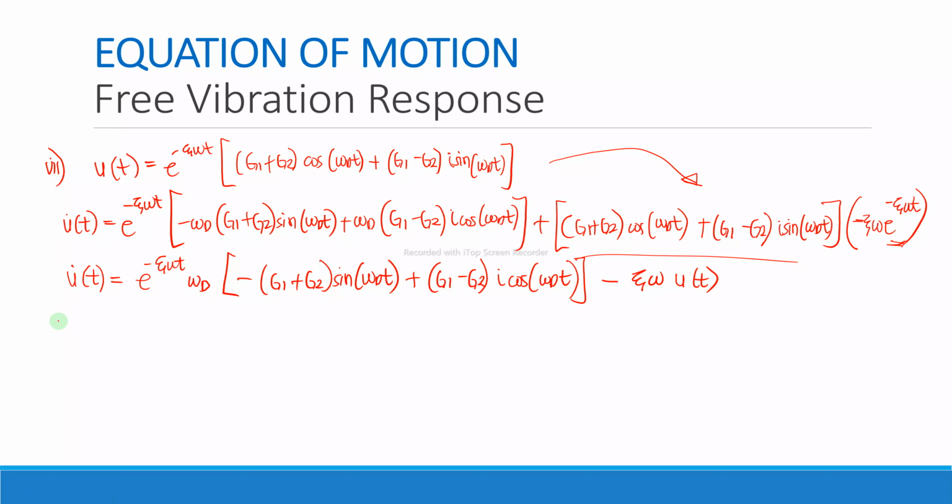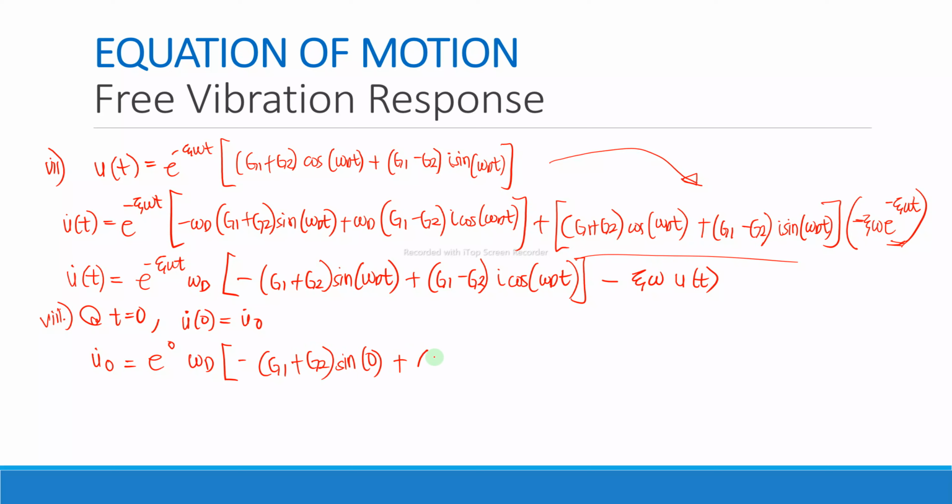Now, applying the initial value, at time equal to 0, u dot of 0 is equal to u dot naught. So we have u dot naught is equal to e to the 0 times ωd times negative g1 plus g2 sine 0 plus quantity g1 minus g2 i cosine 0 minus ζω u naught.